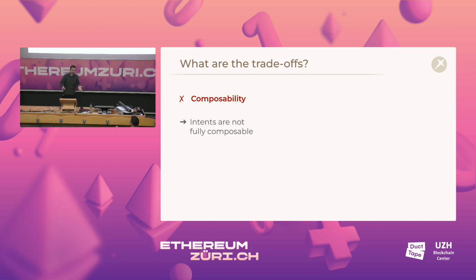We know already that intents are not very composable. So even if you could stretch them out, you are not sure that this will settle on both sides of the equation. This is not very good, but the truth is that the majority of the order flow is just one swap, token A to token B.